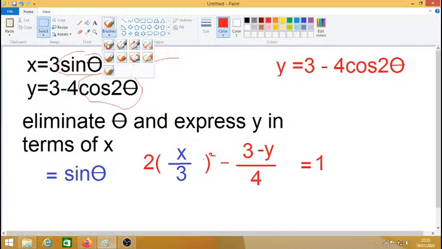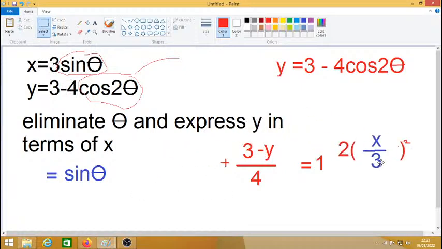Can you guess what to do next? I want the y on its own, so let's get rid of what is easy to get rid of. So let's move this to the other side. That's going to become a minus now.